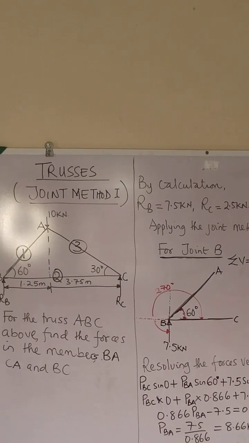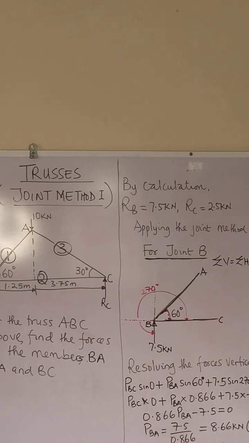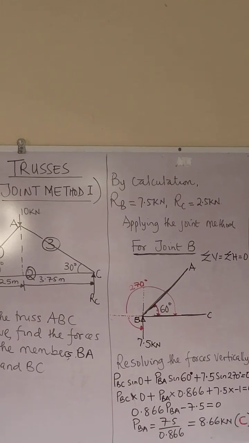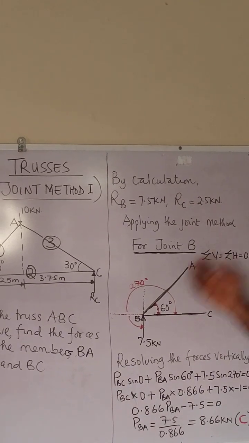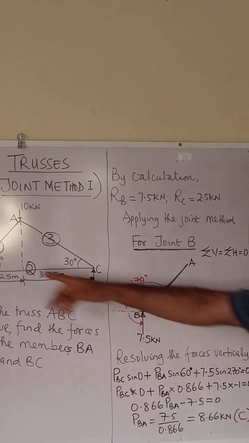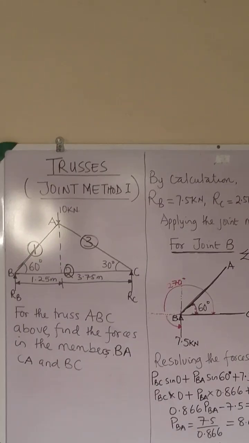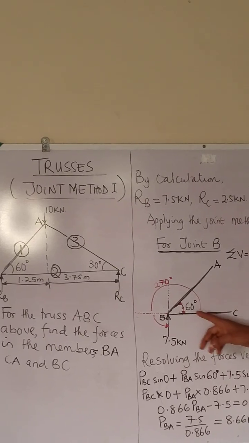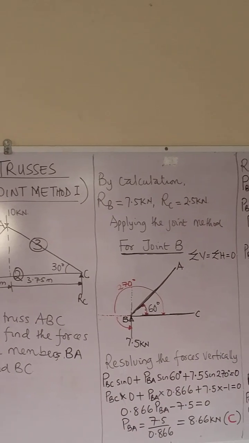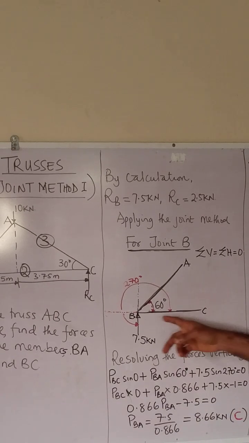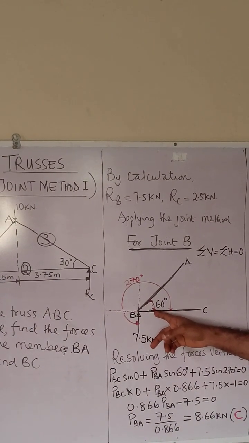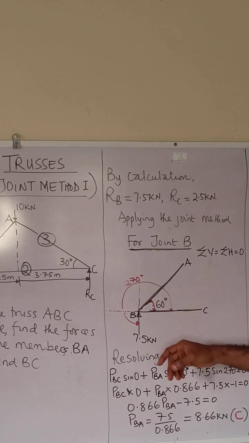I've also made a video on how to do resolution of forces, but I'm still going to repeat it. We have to resolve the forces vertically and horizontally in order to determine the forces in the members. When you want to resolve forces, the method I like using is to take the angle from the positive side of X down to where the force is.